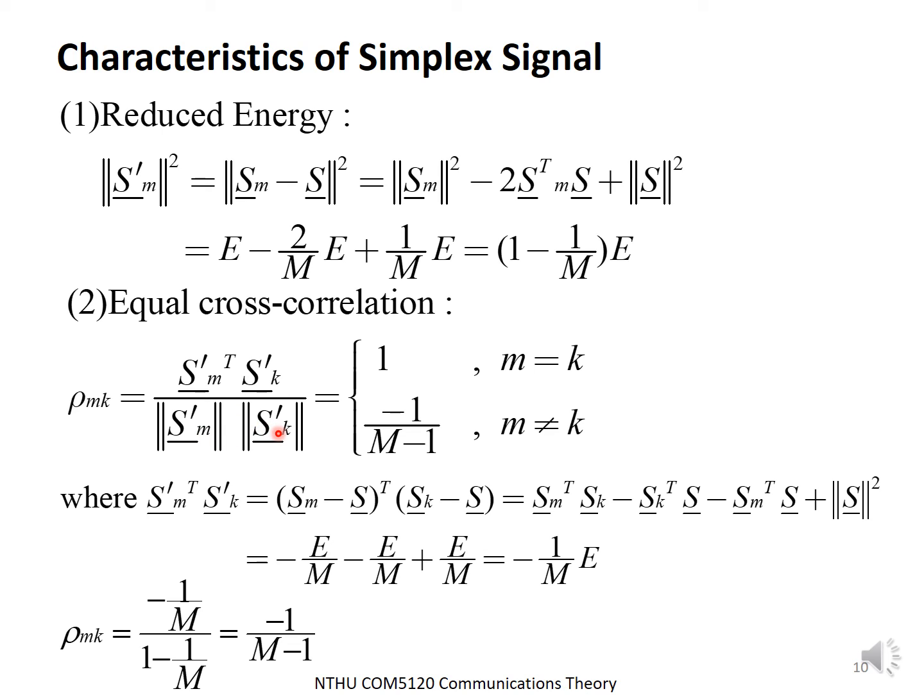The product of the lengths is 1 minus 1 over M times E. So the ratio that gives the cross correlation coefficient is this negative value.